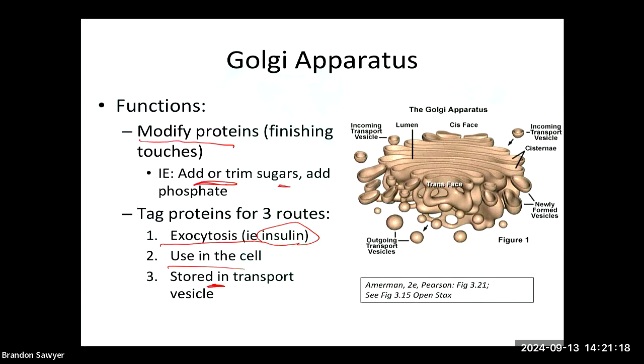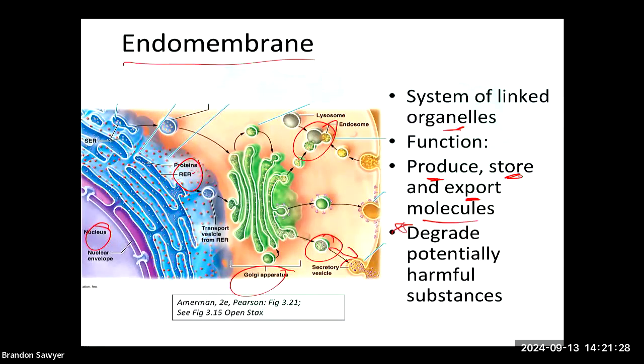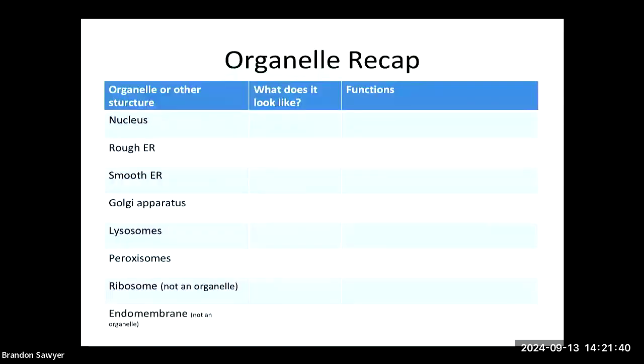And the Golgi apparatus will always be right next to the rough ER, where the smooth ER most likely won't be right in line with it like that. The smooth ER usually is kind of around the side, not necessarily in the same line as it. So other questions on this?